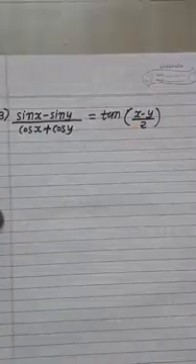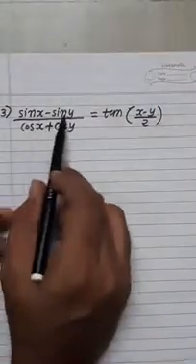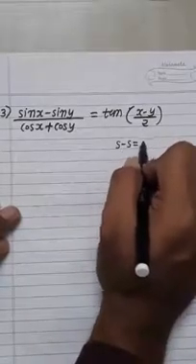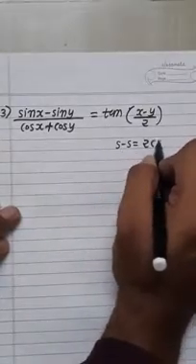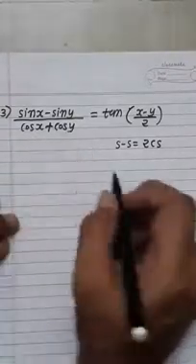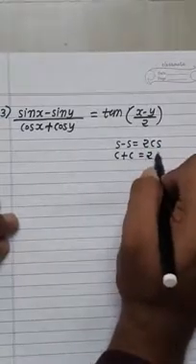So again the same process applies here. In the numerator, the sine minus sine form is present, so sin minus sin is equal to 2 cos sin, and in the denominator the cos plus cos form is present, so here we can write cos plus cos, that means 2 cos cos.